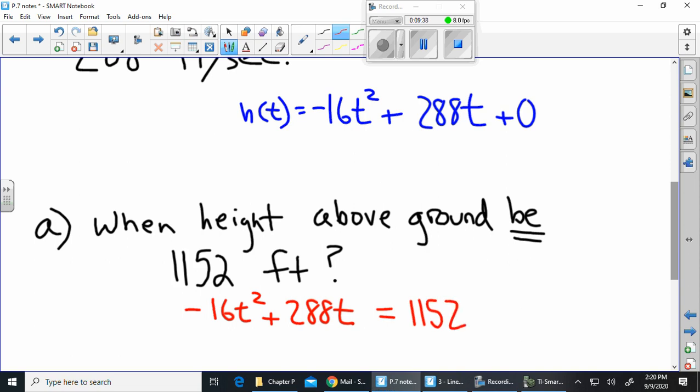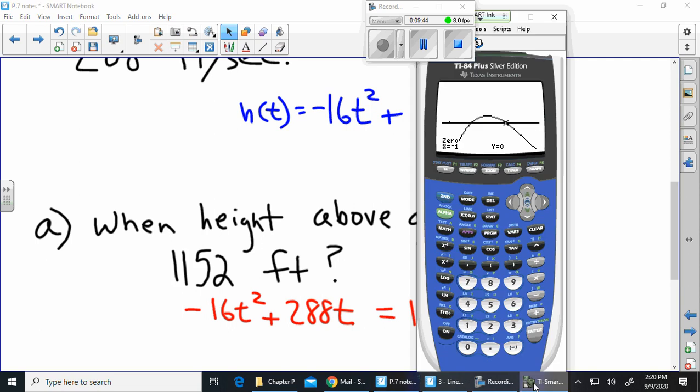Now, you guys will see with me with word problems, I like to do intersections because of my window. So I go to my y equals, I put in -16x squared plus 288x. In another y equals, I put in 1152.